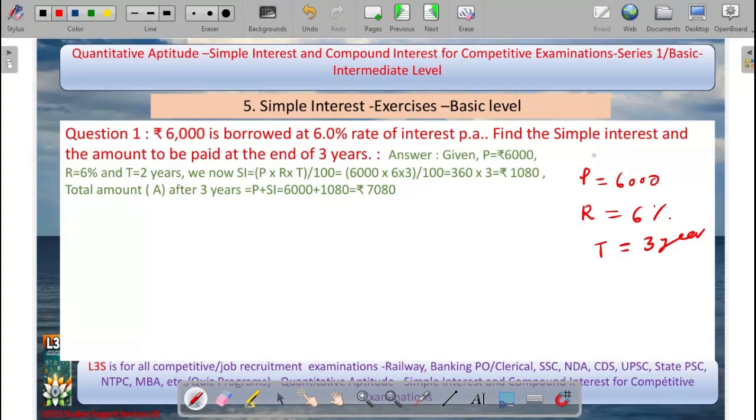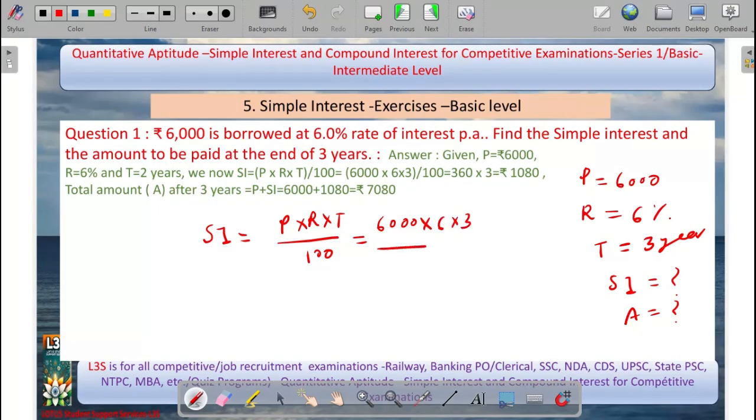So you know P, R, T. What do we have to find out? The simple interest and the amount. So we can directly find it from the formula. We know SI is equal to P into R into T by 100, T in years. So 6,000 into 6 into 3 by 100. Cancel this.